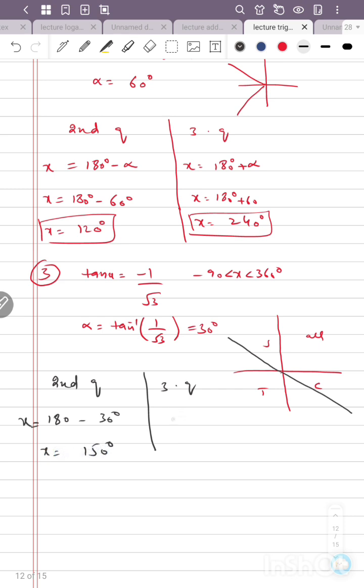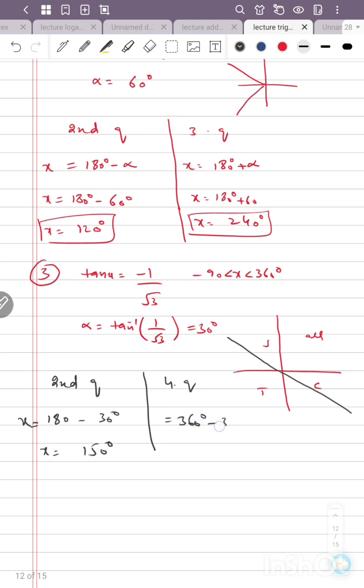For the third quadrant, sorry, it's the fourth quadrant, not the third quadrant. It will be 360 minus 30 degrees, so we got the answer 330.